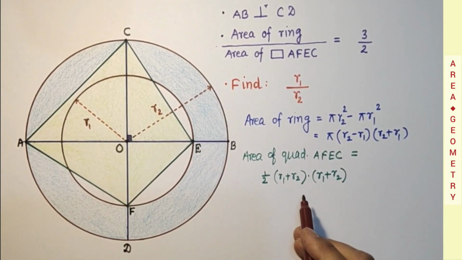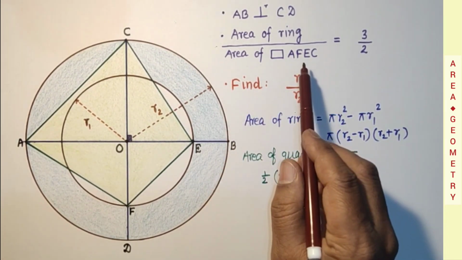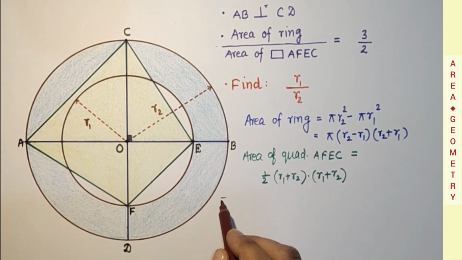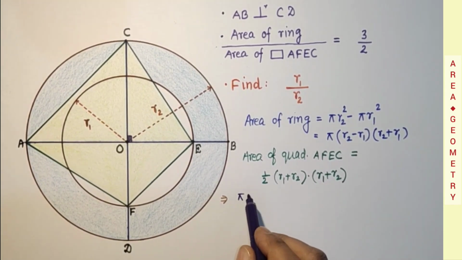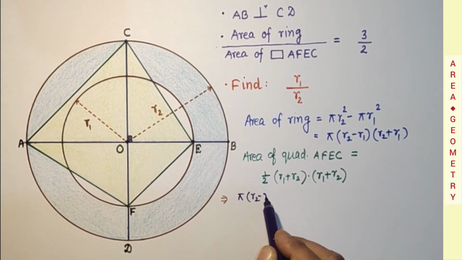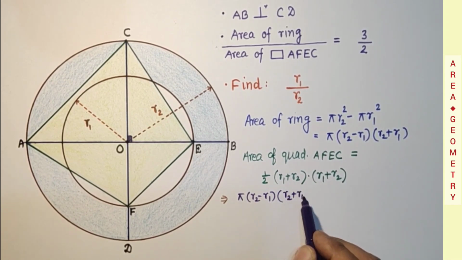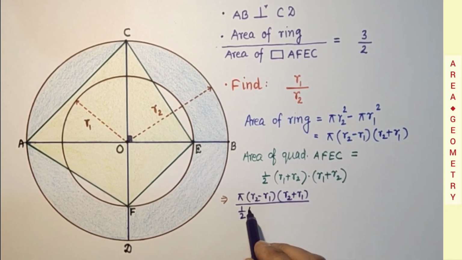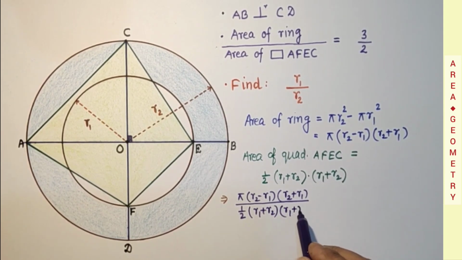Now from the information, the area of the ring upon the area of this quadrilateral AFEC is equal to pi (R2 minus R1) over half into (R1 plus R2) and (R1 plus R2) once again, that is the whole square.